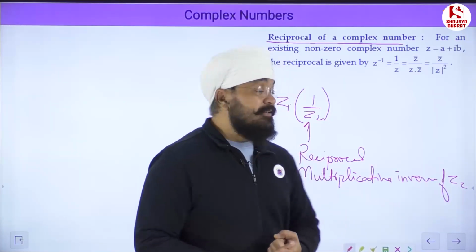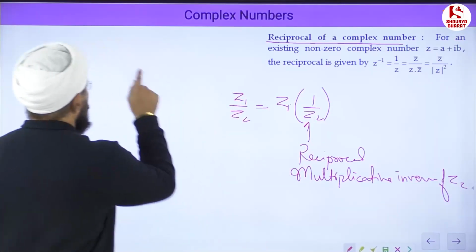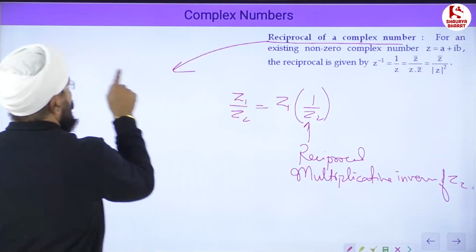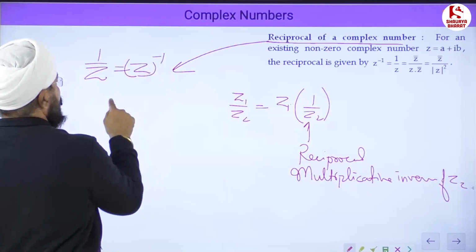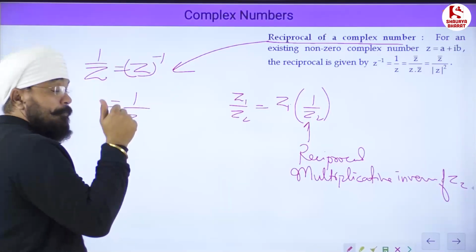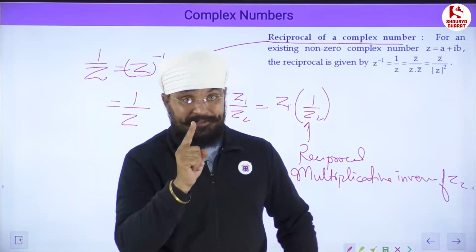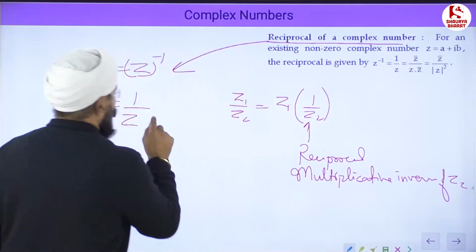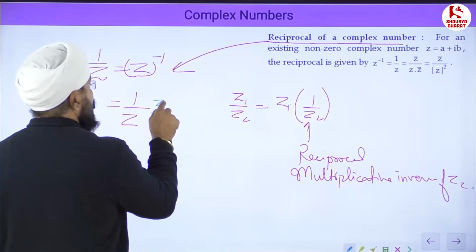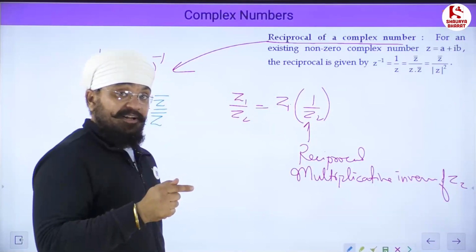So we should know the technique of finding the reciprocal. Already we have studied that we have to rationalize the denominator. We can remember this as, when we say the reciprocal of a complex number, this is 1 upon Z. It is also written as Z to the power minus 1. Let me write this one as Z. And the property that we have studied, if any complex number is multiplied by its conjugate, that means I am going to multiply this term by the conjugate, Z bar and Z bar, in the numerator and denominator.